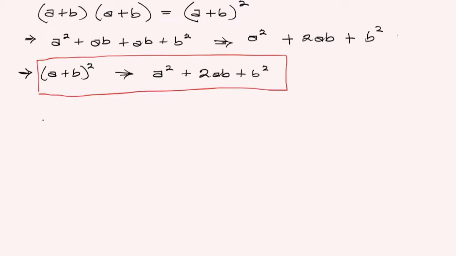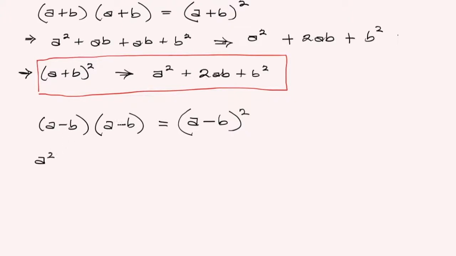What if we have a minus b multiplied by a minus b? So a multiplied by a is equal to a squared. A multiplied by minus b is equal to minus ab. Minus b multiplied by a is equal to minus ab. And minus b multiplied by minus b is equal to plus b squared.